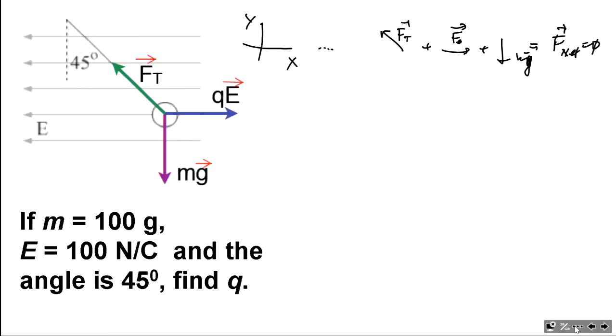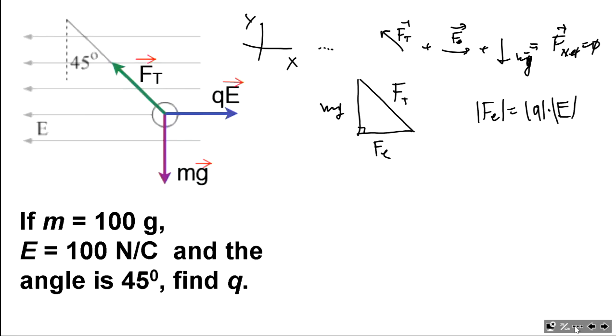So we know what to do about it. We can add all these arrows by tail-to-head rule, and that gives us a right triangle. Again, in this right triangle, the hypotenuse represents the magnitude of the tension, vertical side mg, horizontal side electric force, and the magnitude of electric force is equal to the magnitude of charge times the magnitude of field.